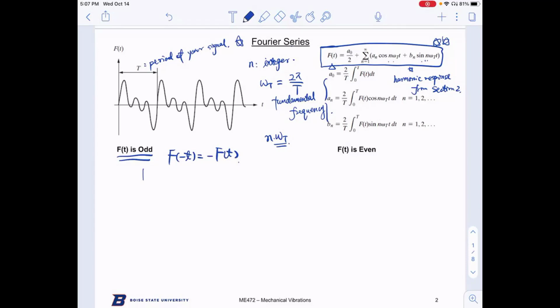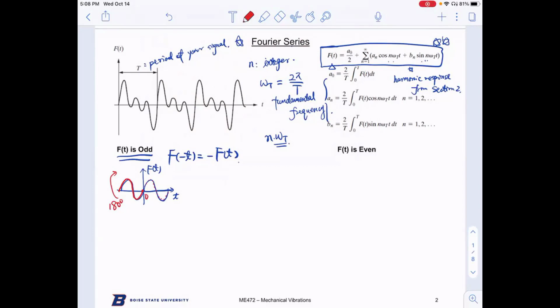And then if you're more familiar with plots, that means if you take the negative section and then rotate it around the origin by 180 degrees, then this red line should overlap with the positive section.